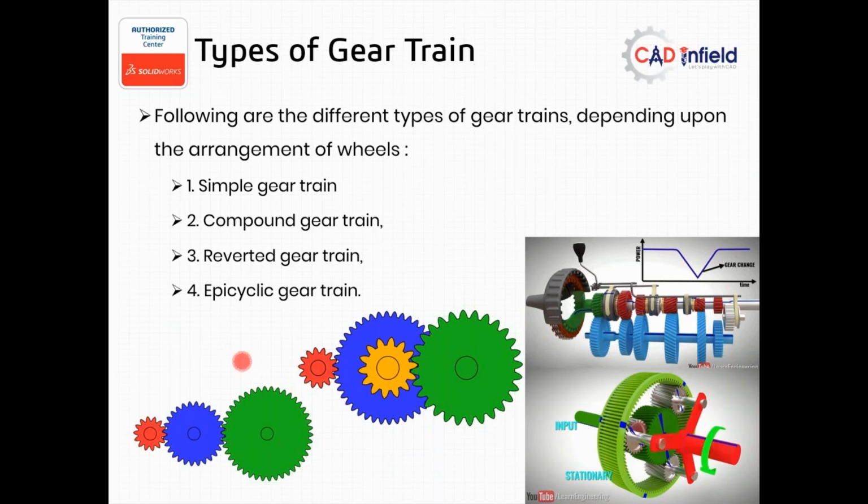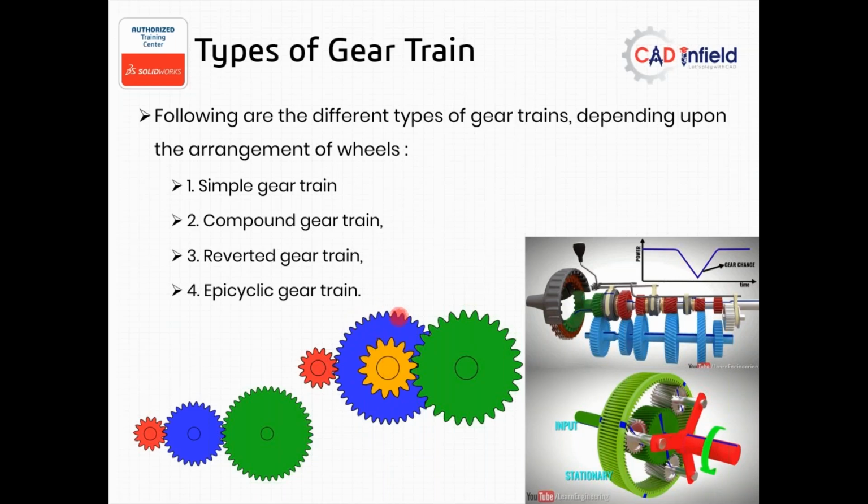The same way here we have a compound gear train. It means if your shaft carries more than one gear on a single shaft, that is called a compound gear train. Here, in the second image, the reddish color: one shaft, one gear, but in the middle we have two gears, a yellow and a blue.